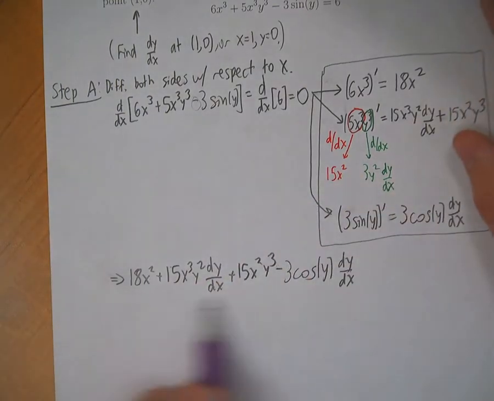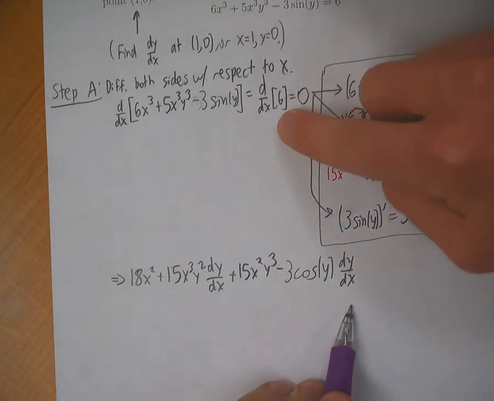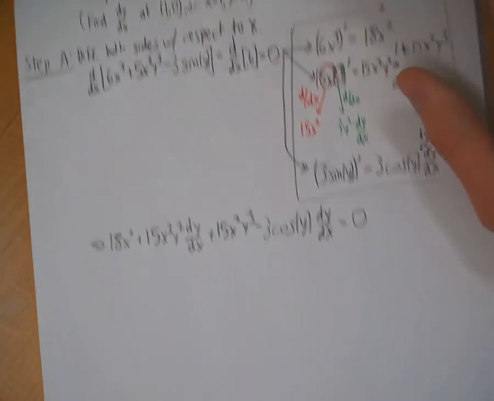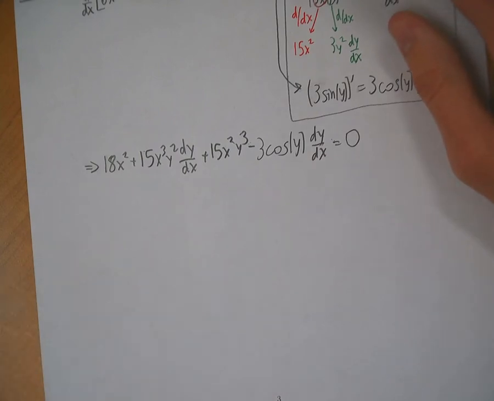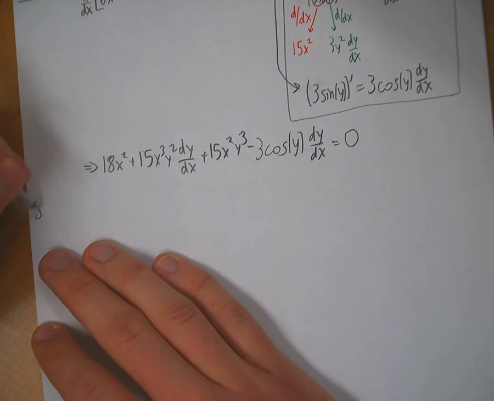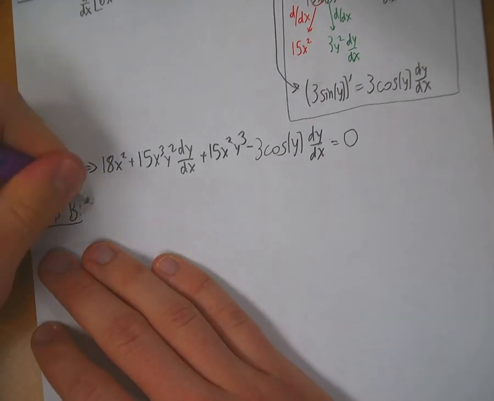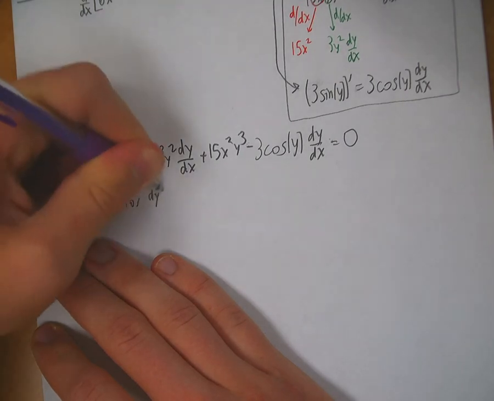So all of this is the left-hand side. And because of the right-hand side here, this is just a big fat 0. So after this, we say, all right, now we've differentiated everything. So now step B is solve for dy over dx.